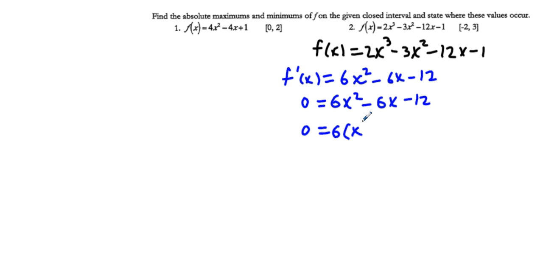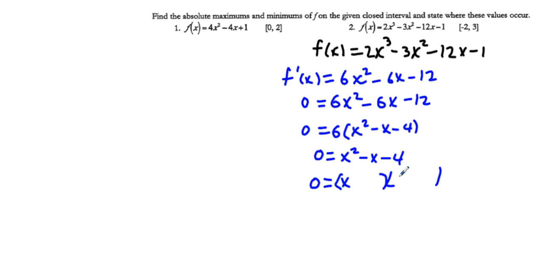So 6 times x squared minus x minus 2. Oops, I made a mistake here. I should have had -2 up here, not -4. That makes more sense now. Dividing both sides by 6, we have 0 equals x squared minus x minus 2. There we go, now it'll work.